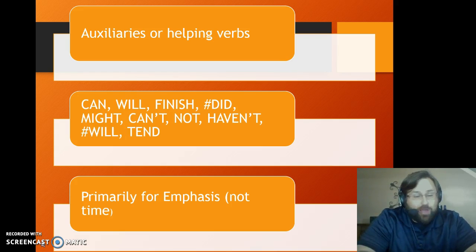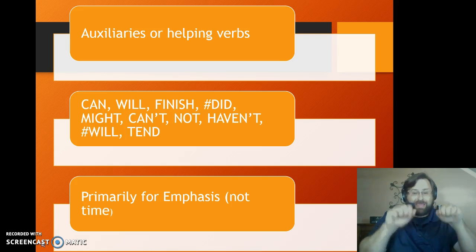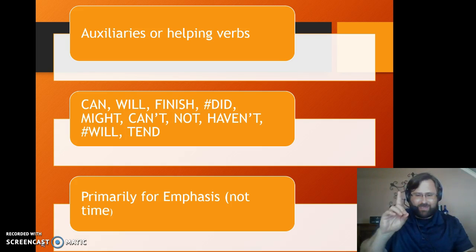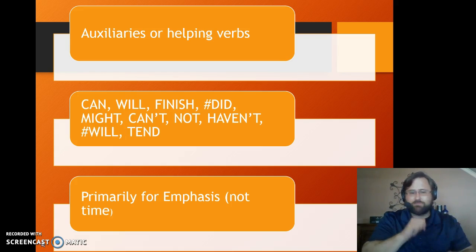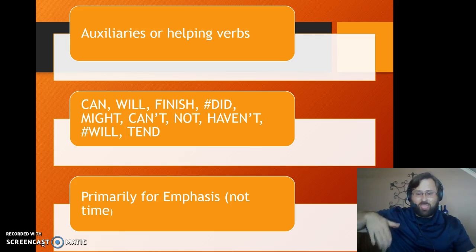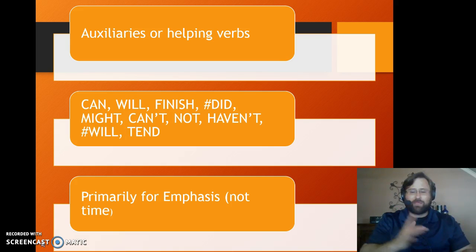So, auxiliaries, or helping verbs, as they were probably called in your middle school grammar class, are common in American Sign Language. You will find lots of examples of auxiliary verbs. Some of them are listed here: can, will, finish, did, the finger-spelled loan word, might, cannot, not, have not, will, as a finger-spelled loan word, as well as or tend.